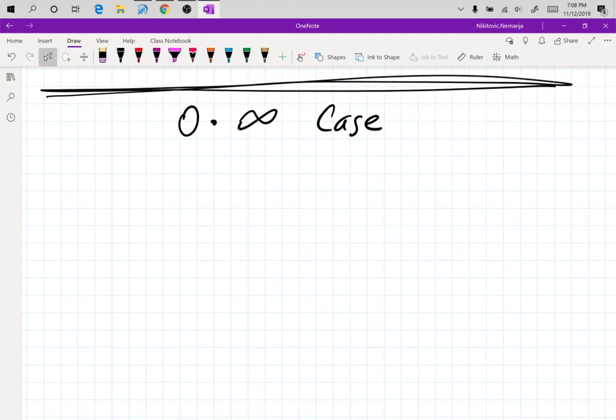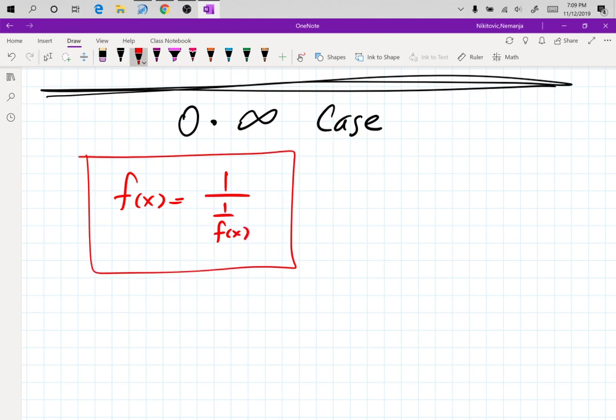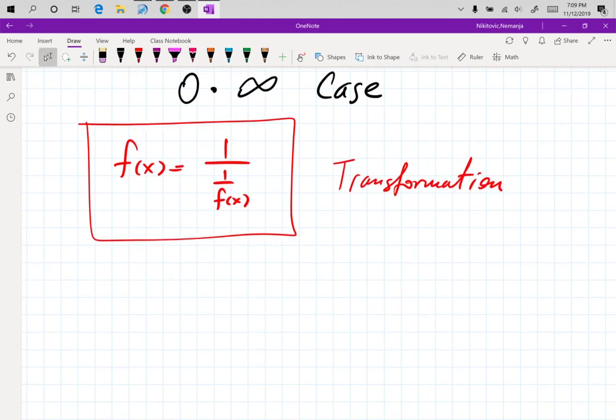To solve this case, you need to know a formula which says f of x is equal to 1 over 1 over f of x. So this is the transformation that we are going to use to transform our problems into known problems.